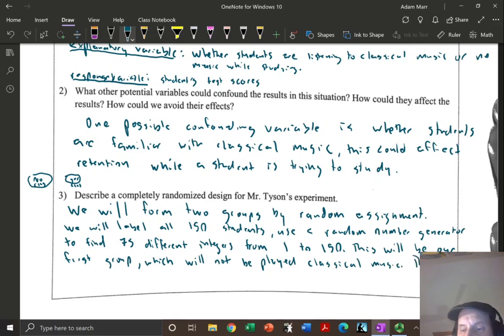Okay, and then the remaining students will be our second group, which will be played classical music.